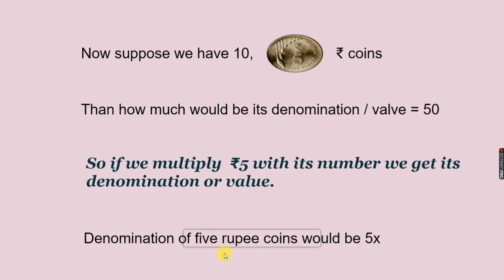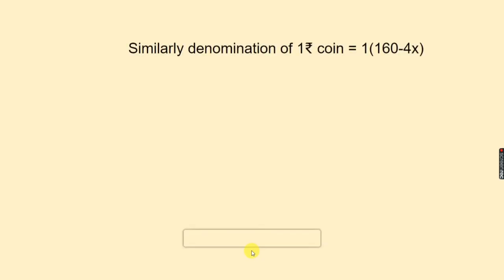Similarly, we would find the denomination of 2 rupees coins and 1 rupee coin. Now the denomination of 1 rupee coin is equal to 1 into the number of 1 rupee coins. The value of 1 rupee coin is rupees 1, but how many coins do we have? That is 160 minus 4x.